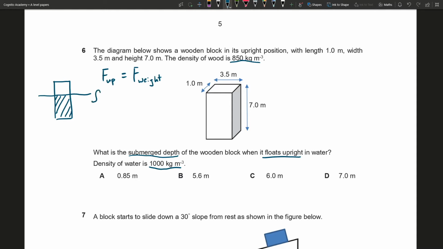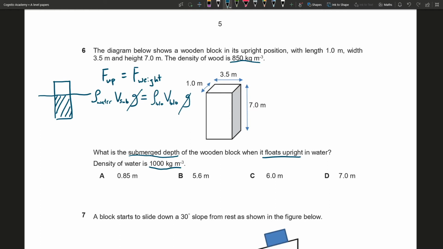So that gives us the density of water times the volume of submerged part times G, which is our gravitational field strength. That's for the upward force. And our weight of the block is the density of the block times our volume of the block times our gravitational field strength. We can cancel out G on both sides and then try to solve for this.